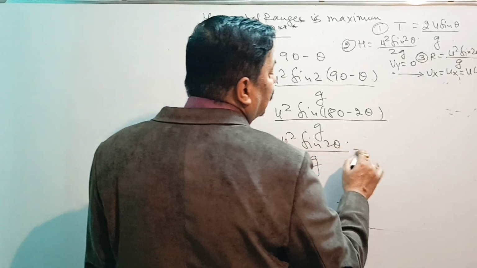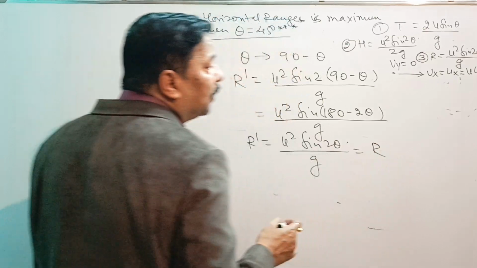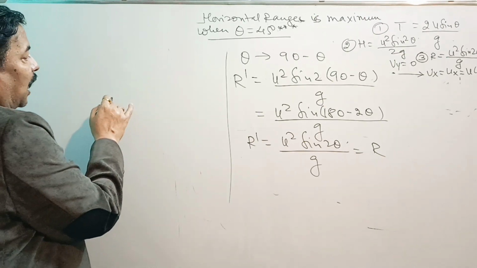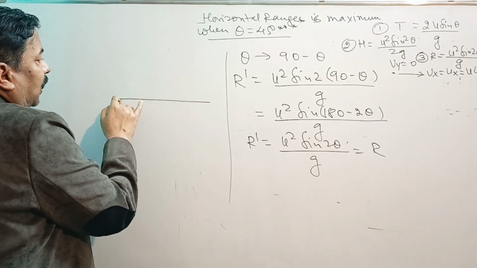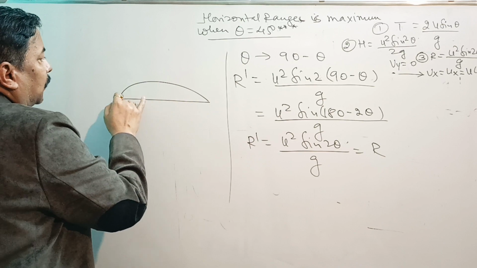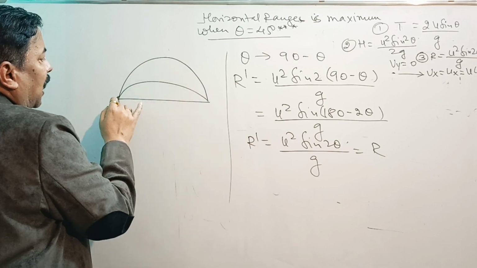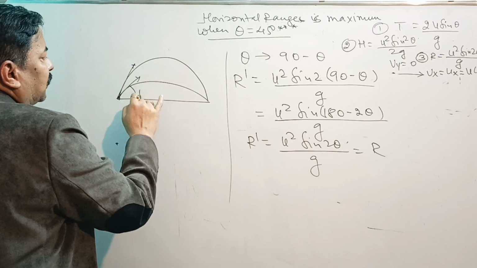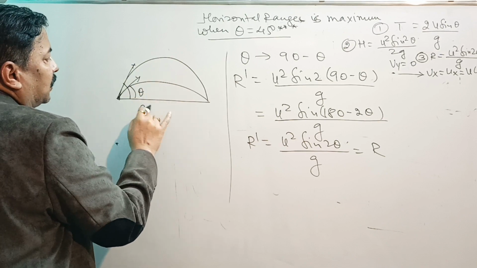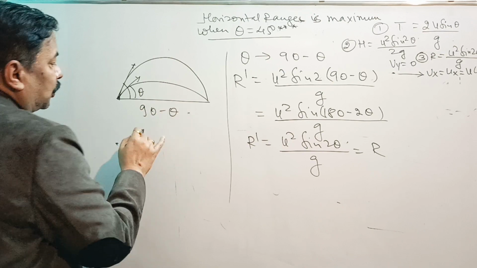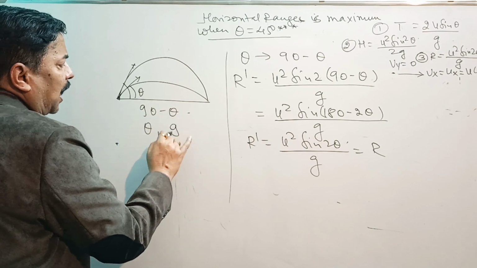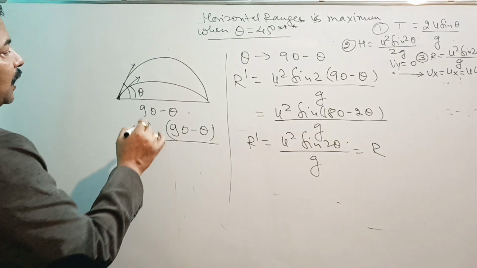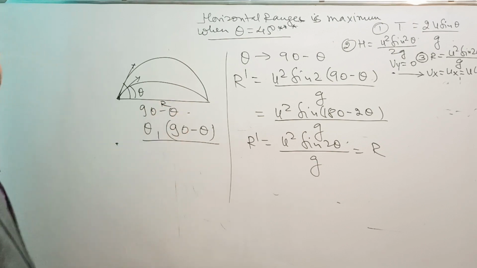R dash, new range, and that is equal to R. So what we can conclude? We can conclude that there are two angles of projection for which we have the same horizontal range. If one is theta, other is 90 minus theta. So theta and 90 minus theta, these are two angles for which we are getting the same horizontal range.